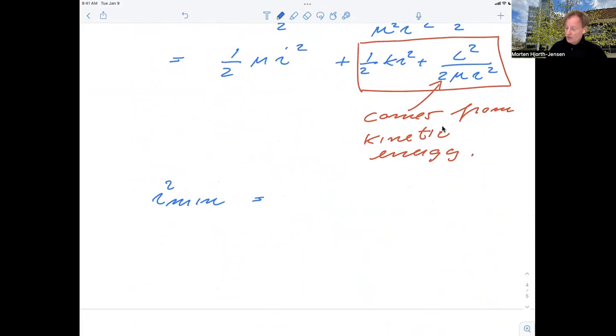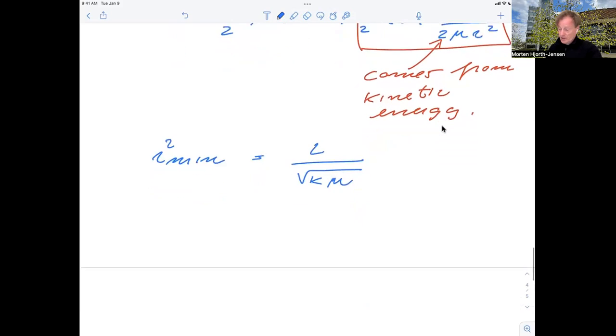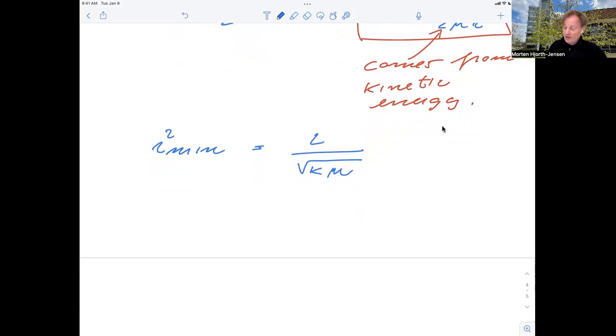And we know that that is going to be equal to L divided by the constant k times mu. And then I can now calculate this effective potential. So what I will find out then is that my effective potential is going to be given by V effective at r min.